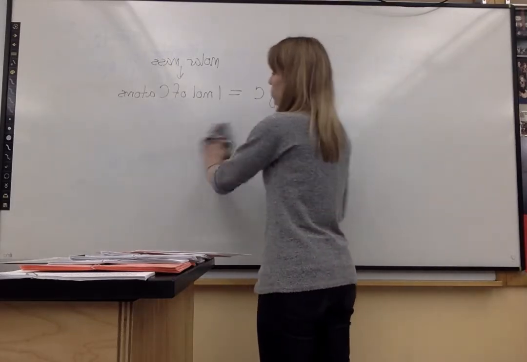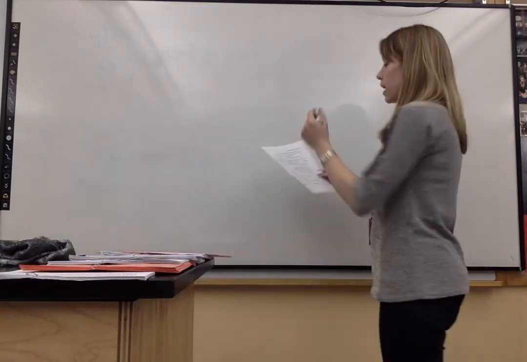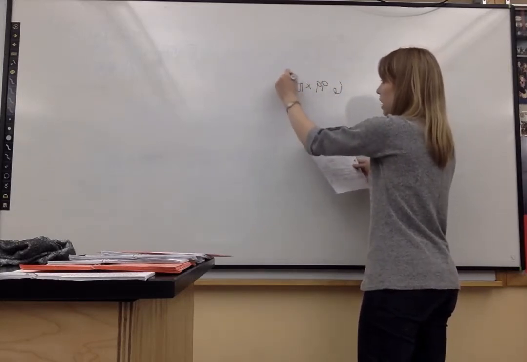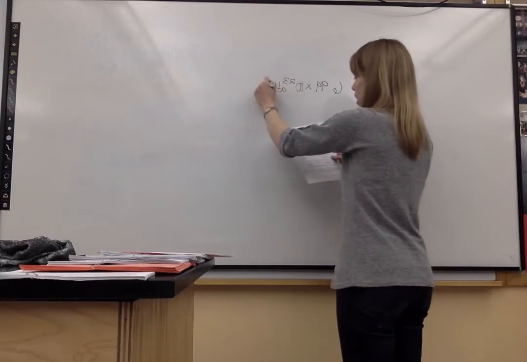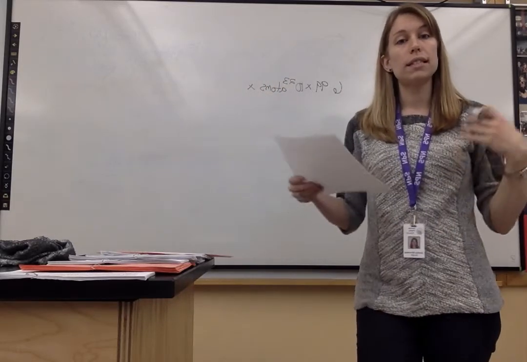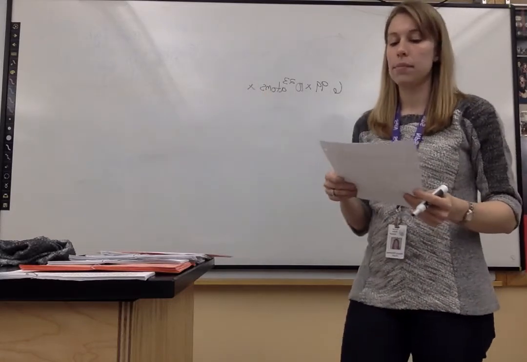This time we're not working with carbon, we're working with potassium, but the idea is the same. We have 6.99 times 10 to the 23rd atoms, and we want to know what that mass is. So we need something to take us from atoms all the way to mass.